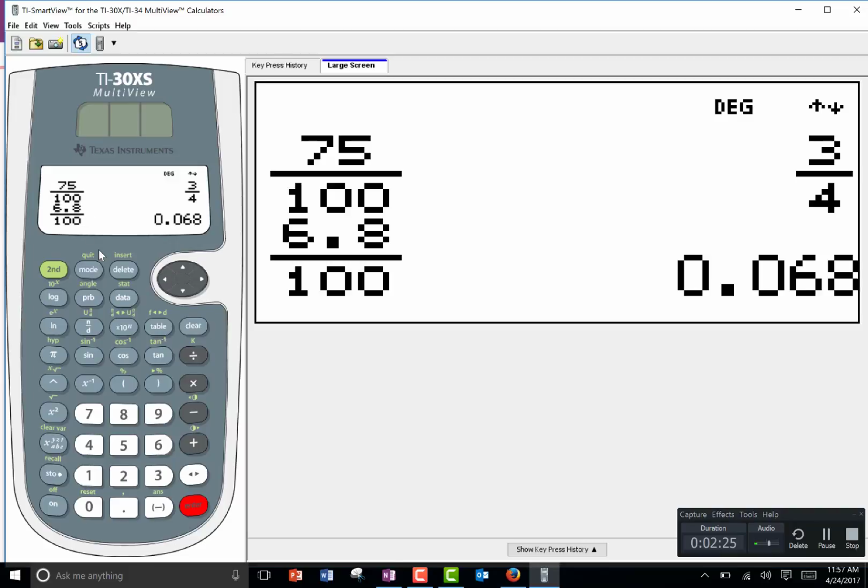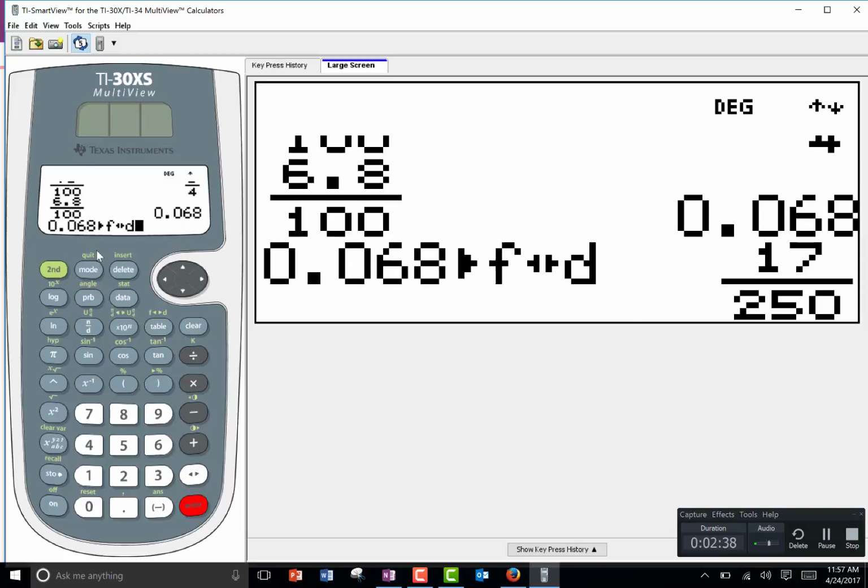It's going to change it to a decimal first. Then you're going to want to hit the key that says FD on your calculator so that it will change it to the simplified fraction, which is 17 over 250.